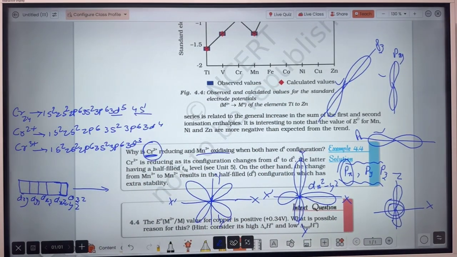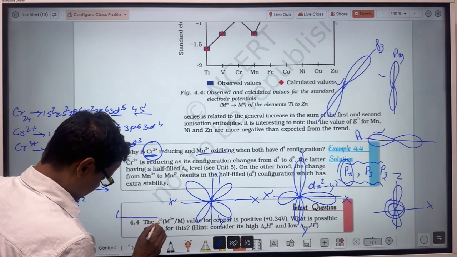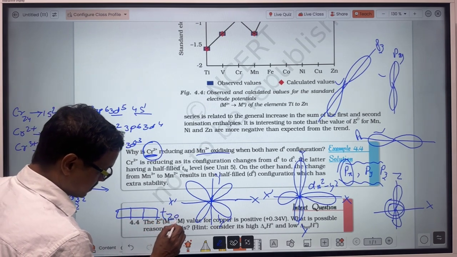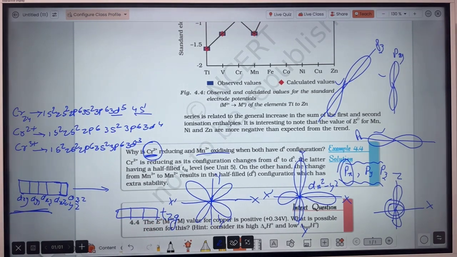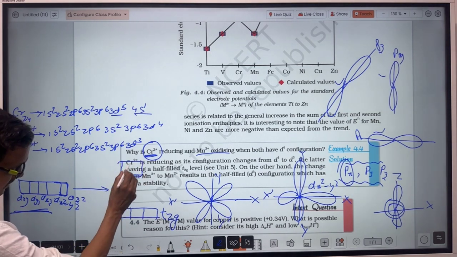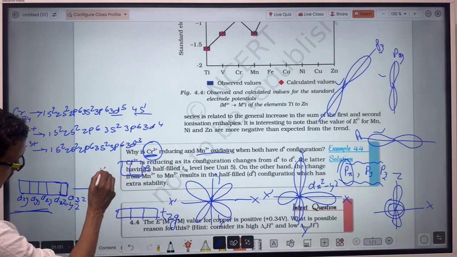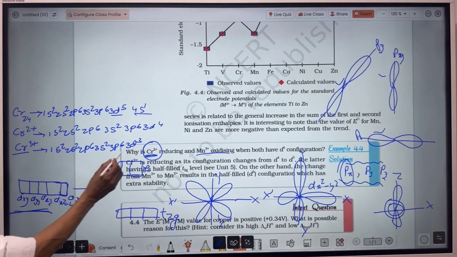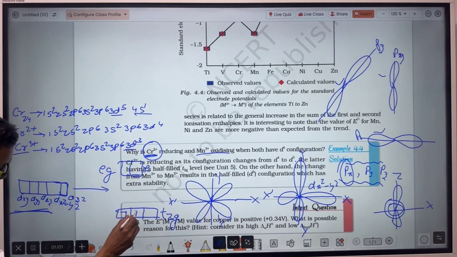So the degeneracy of the d orbitals is not maintained. The energy of dxy, dyz and dxz will decrease, and this is called the T2g energy level. The energy of dx square minus y square and dz square will increase, and this is called the Eg energy level. Here in the case of Cr3+, there is 3d3.